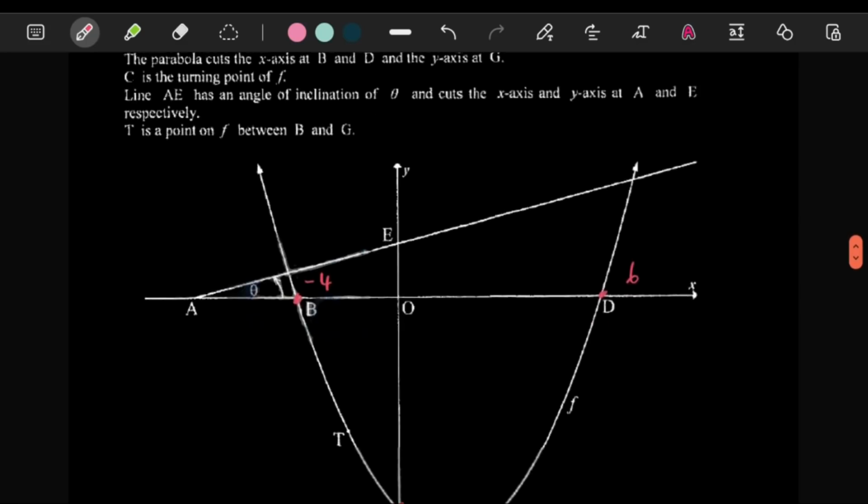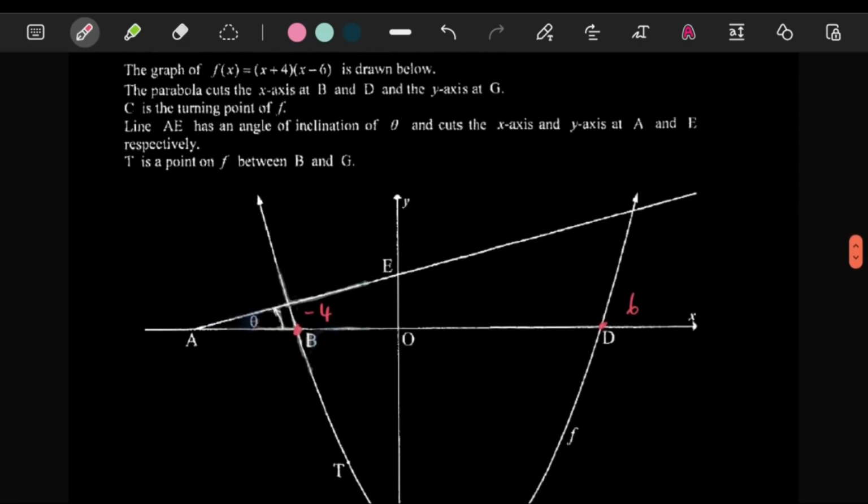And then they said line AE has an angle of inclination of theta.